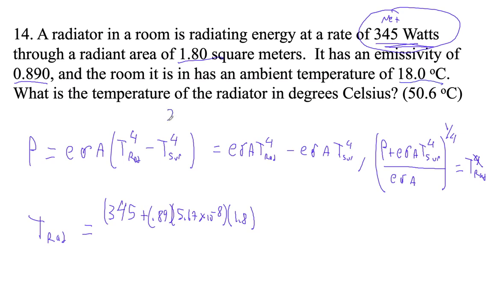So 273.15 plus 18 is 291.15 kelvins. We'll just go with that.